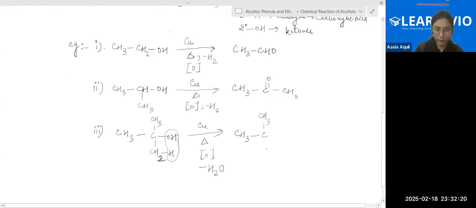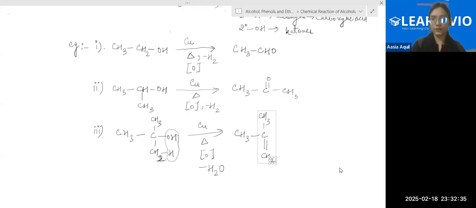A double bond will form. This is basically alkene. These are the chemical reactions of alcohol.